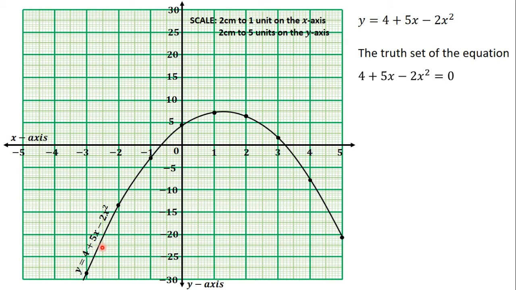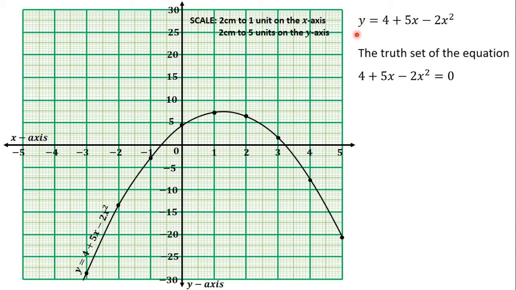This is the graph of the function y is equal to 4 plus 5x minus 2x squared. The question wants us to use the graph to find the truth set of the equation 4 plus 5x minus 2x squared is equal to 0. The truth set is the solution of the equation written as a truth set.